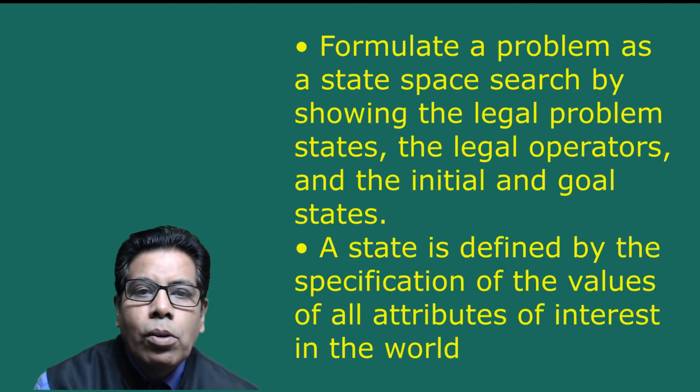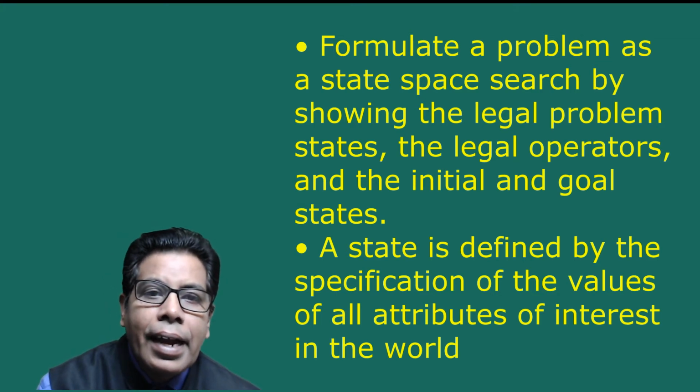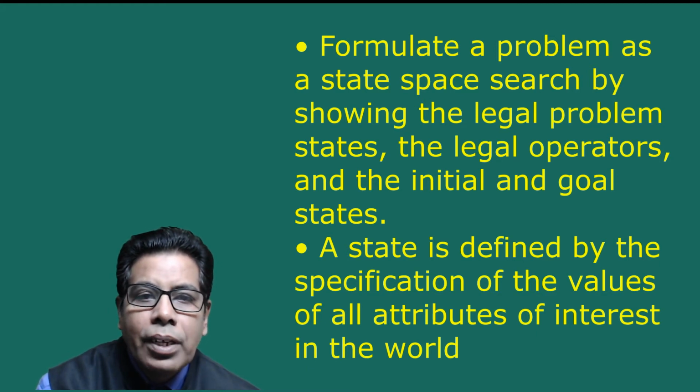Then let us go to the state space search overview. Now when we are taking this overview, we'll have these steps. Formulate a problem as a state space search by showing the legal problem states, the legal operators, and the initial and goal states. A state is defined by the specification of the values of all attributes of interest in the world.